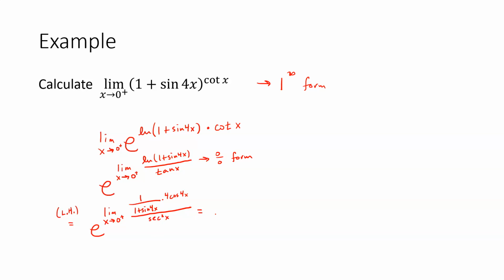So let's simplify this a little bit. So let's see, I've got 4 cosine of 4x, 1 plus sine of 4x, and then secant squared down here.